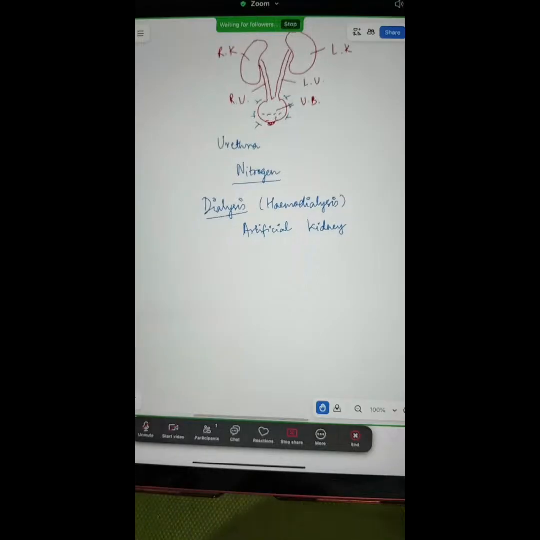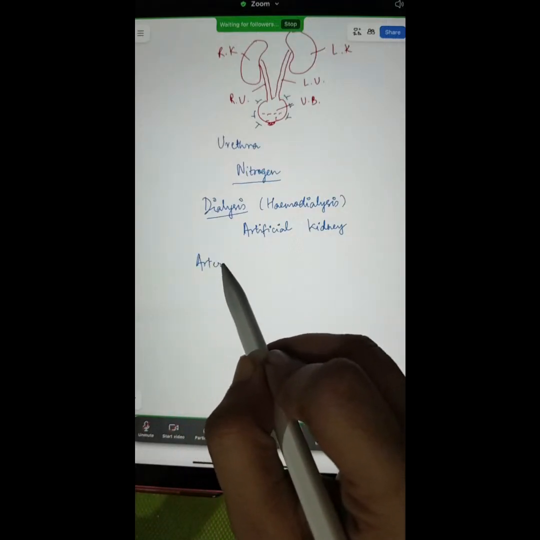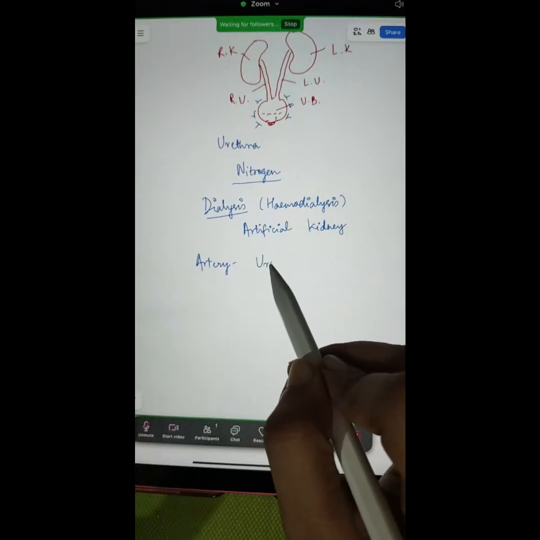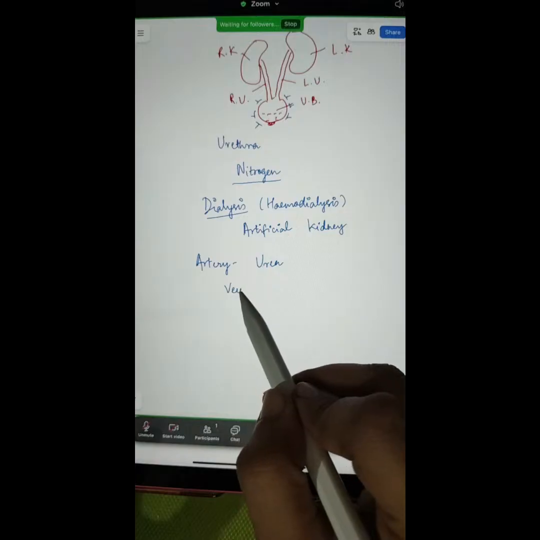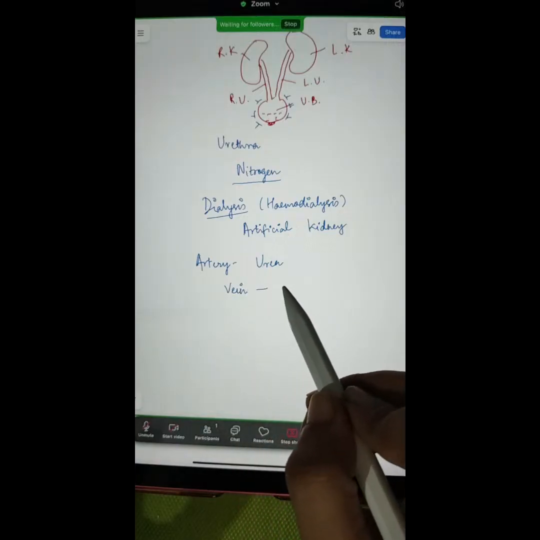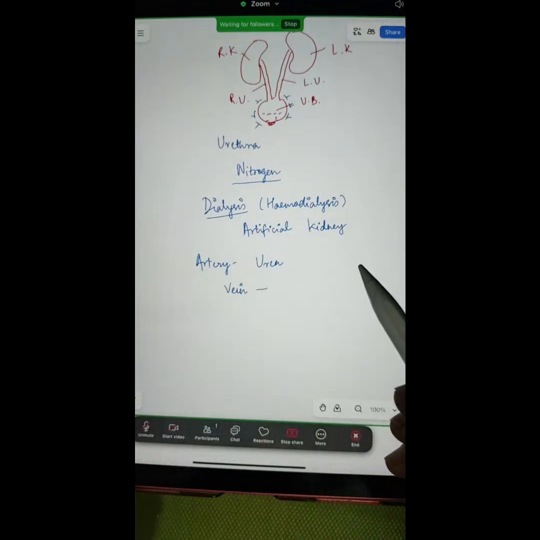Now, an important thing: blood is taken from one of the vessels, and this is going to be the artery, because the artery would be rich in urea. So blood will be taken from the artery because it is rich in urea, and once the blood gets filtered, it will come back inside the vein, and then it will be circulating down.